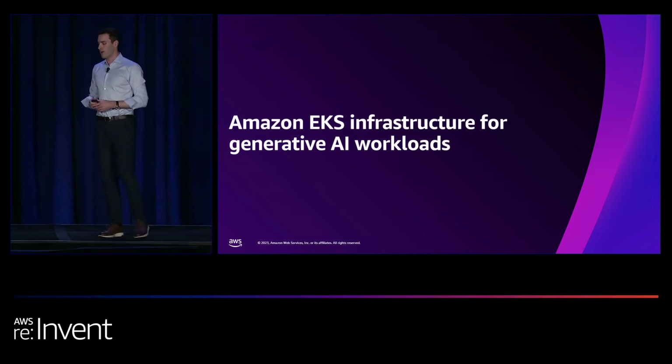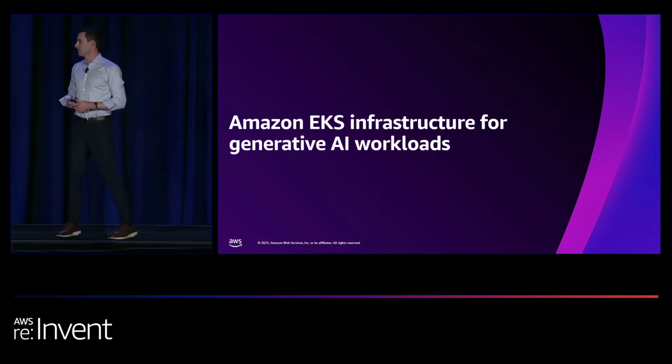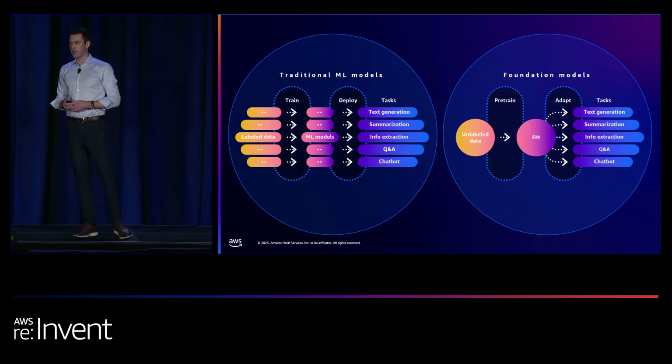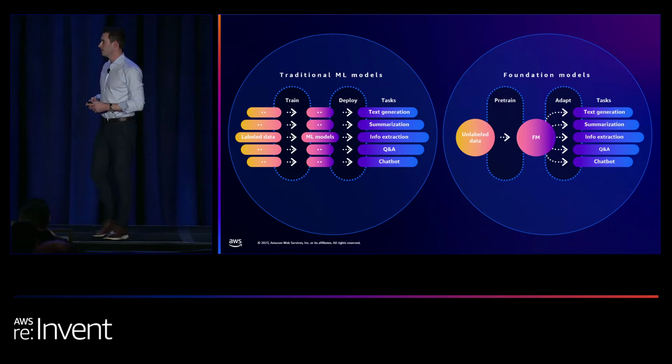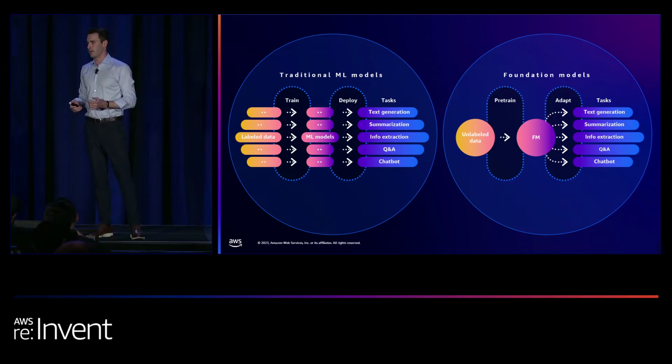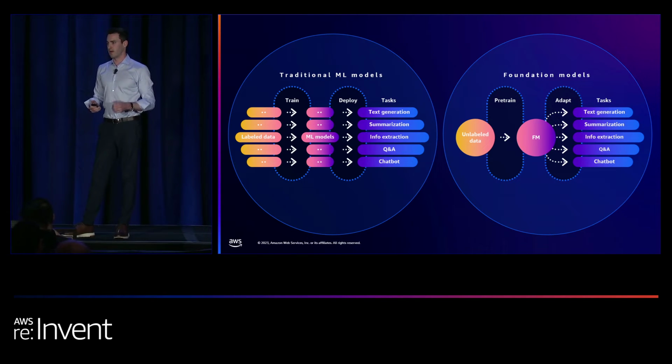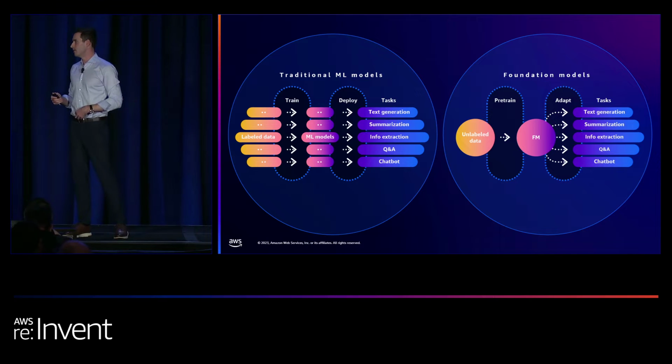Okay, let's get into how EKS can help you with running generative AI workloads. First, I want to talk about the difference between traditional machine learning models and Gen AI models. With traditional models, you often require months of costly upfront investment to do manual labeling and gathering of data.